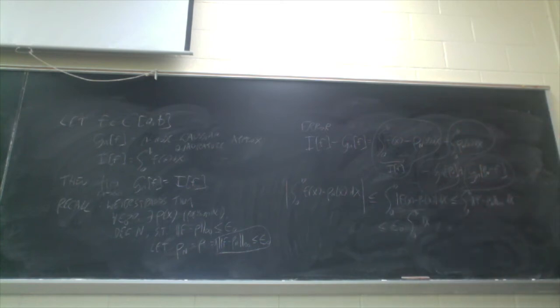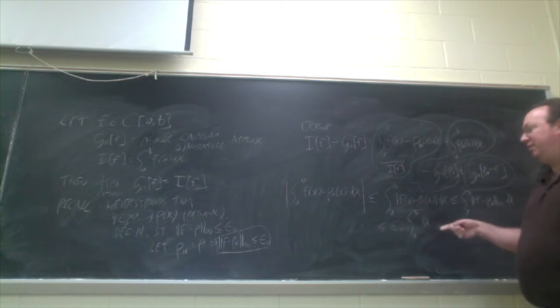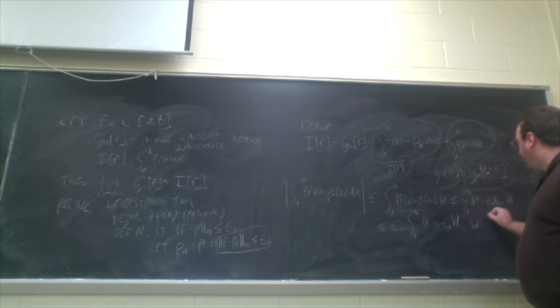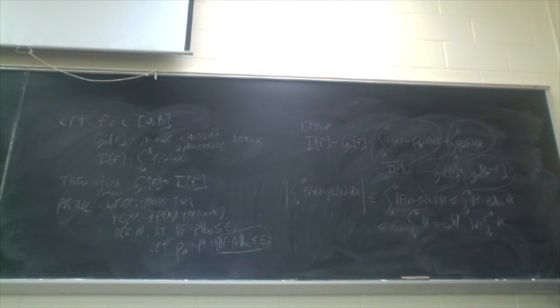Now, I could just say this is b minus a, but I'm not going to do that. I'm going to call this capital W. So capital W is the integral from a to b. And the reason why I'm leaving it that way is this whole proof that I'm doing, I'm not using a weight function. But if I did, everything I'm going to do still applies.